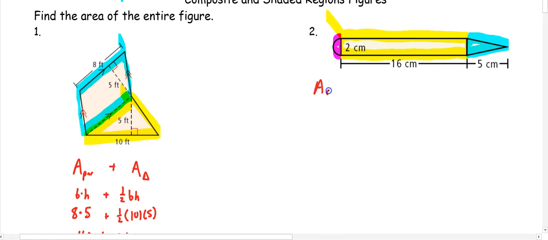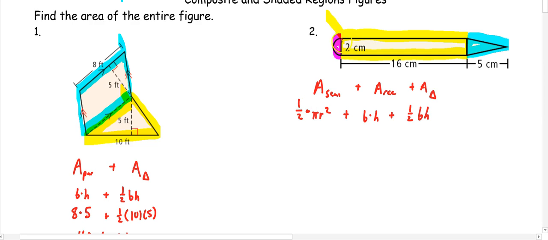So we have the area of the semicircle, plus the area of the rectangle, plus the area of the triangle. So the area of a semicircle, well, remember that a circle is pi r squared, and since it's only half of a circle, we're going to multiply by 1/2. The area of a rectangle is base times height, and the area of a triangle is 1/2 base times height.